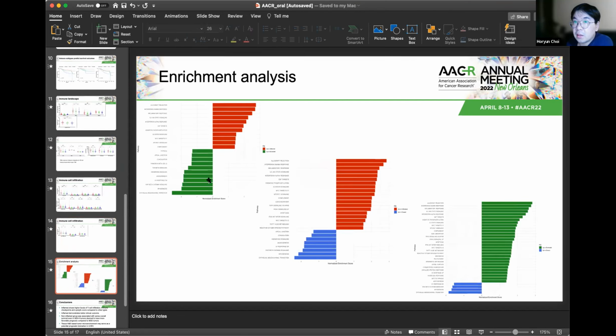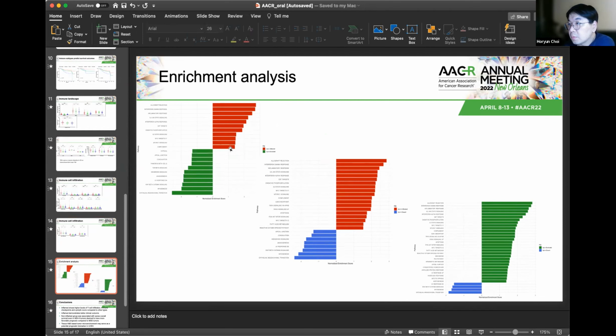Lastly, I included enrichment analysis. The red one indicates the inflamed group, the green one indicates the excluded group, and the blue one indicates the desert group.